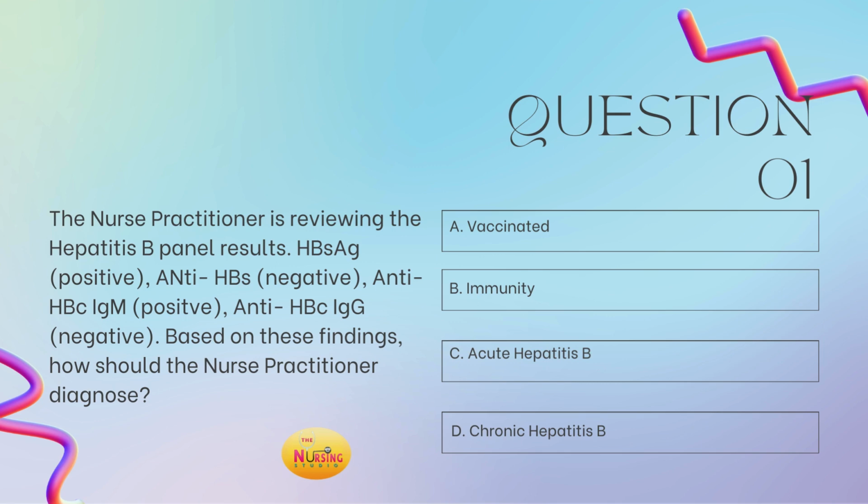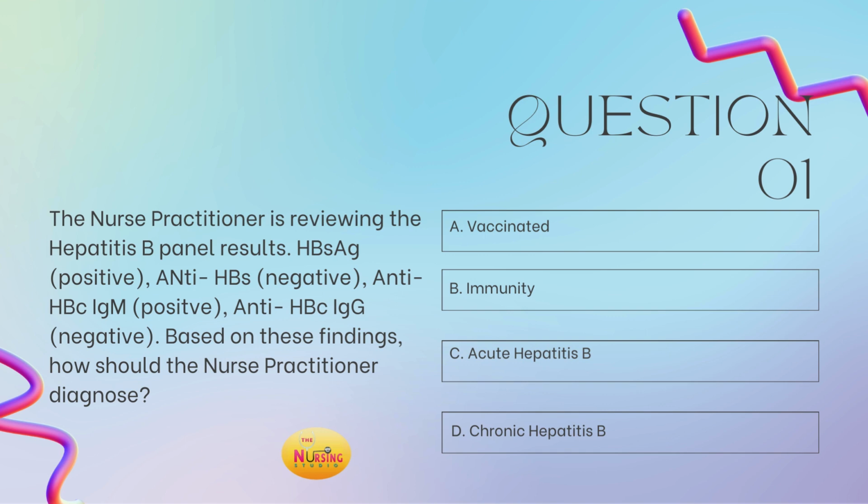If the surface antigen is positive, they have it. If the anti-HBs is positive, they have antibodies, either from vaccination or the antibodies from immunity from past or chronic illnesses, right? So here, the surface antigen is positive, so we know they have hepatitis B. Now, is it acute or chronic is what we're trying to figure out next, right? Because you can eliminate A and B because there's no immunity or vaccination at this point, right?